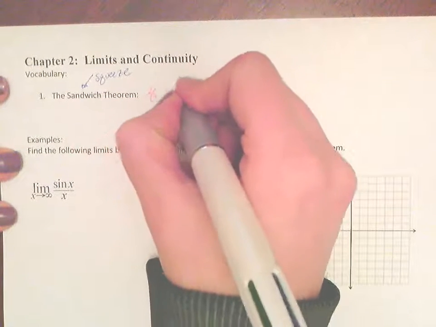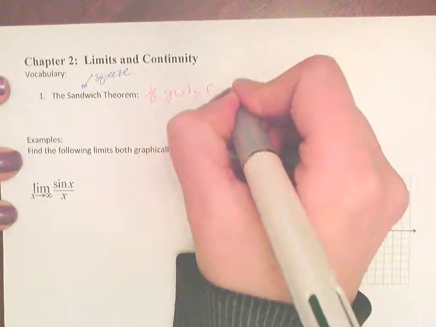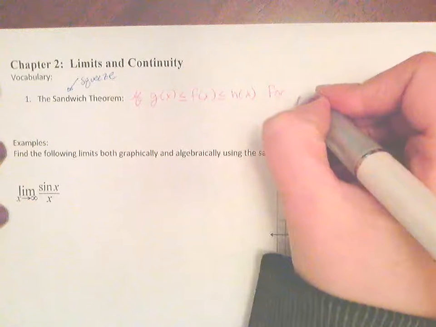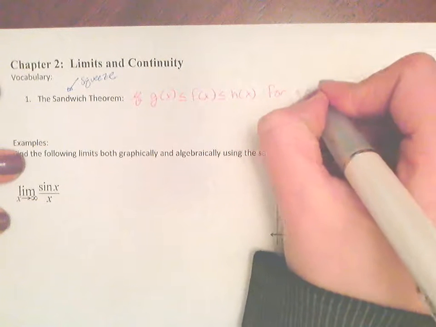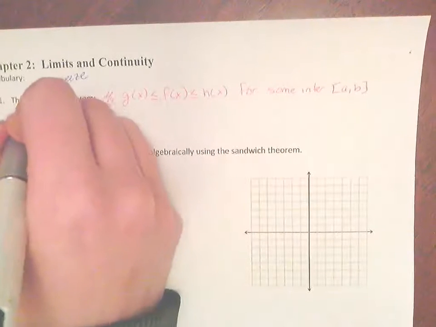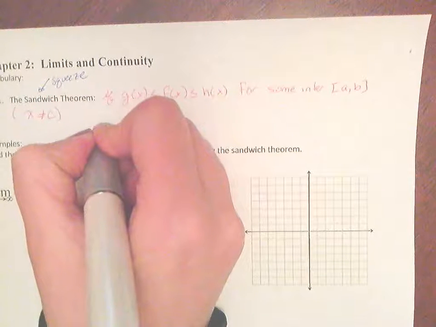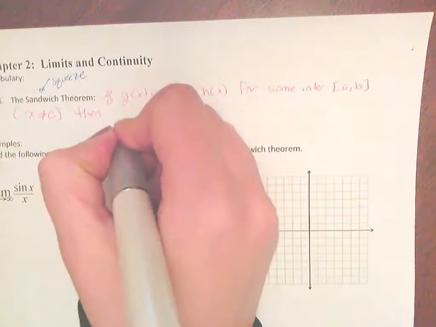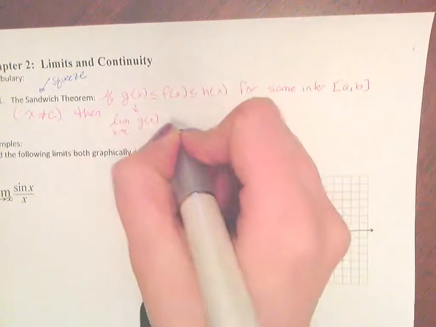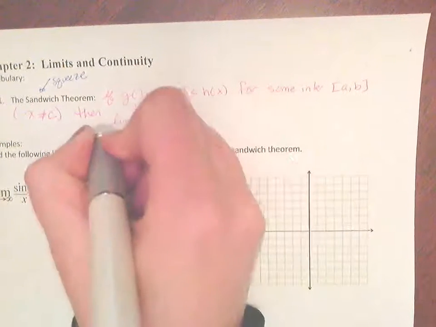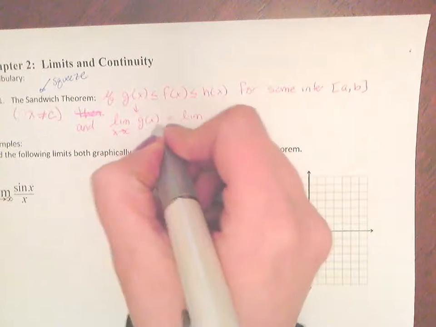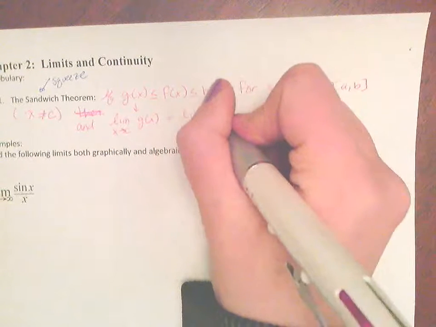So if g of x is less than or equal to f of x, which is less than or equal to h of x, for some interval a, b, but x cannot equal c, then the limit as x approaches c of g of x is equal to the limit as x approaches c of h of x.